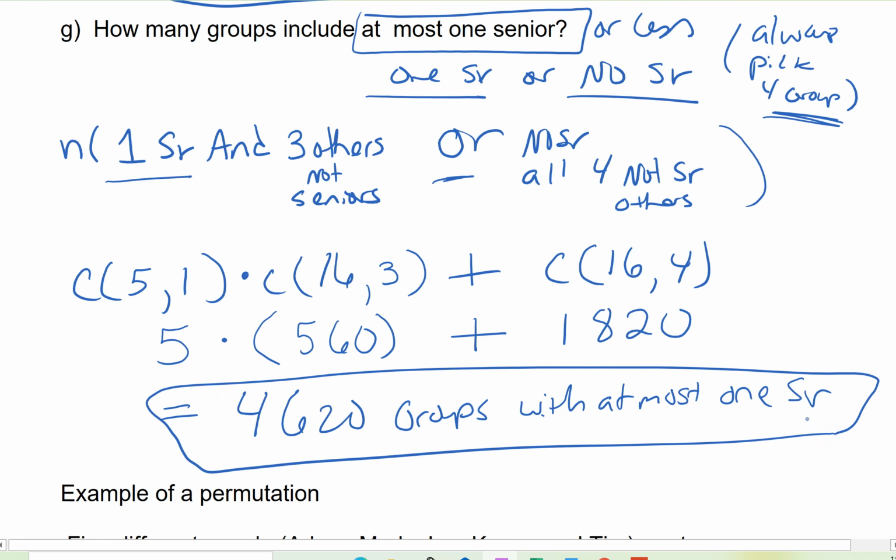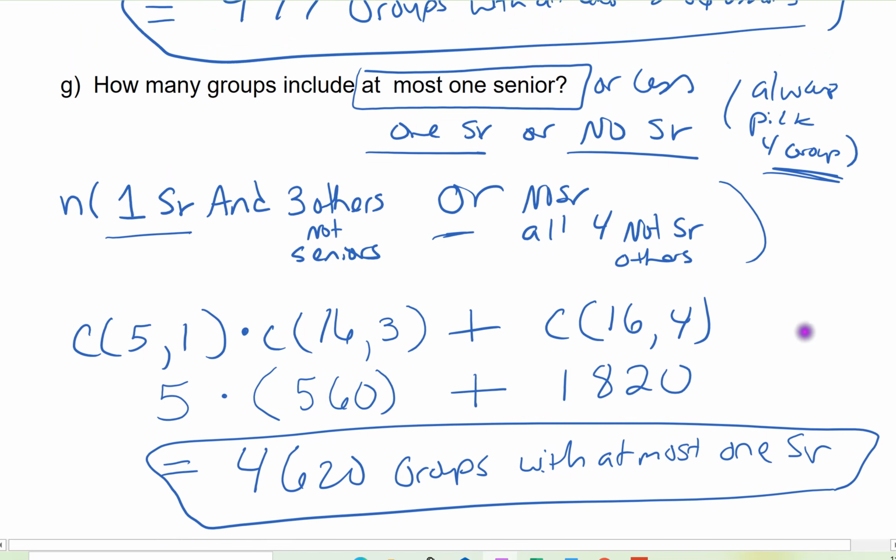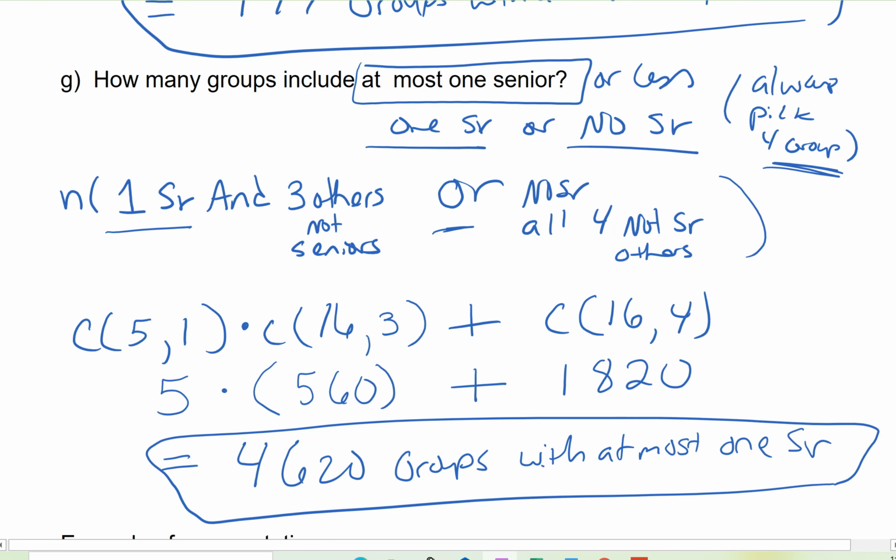Alright, so that's a lot of them. Remember, our total was 5,985. Alright, so the odds are pretty high in that case that we're going to have a group with at most 1 senior. Alright, so that finishes up an example where the entire example was combinations. Alright, so make sure you understand this.